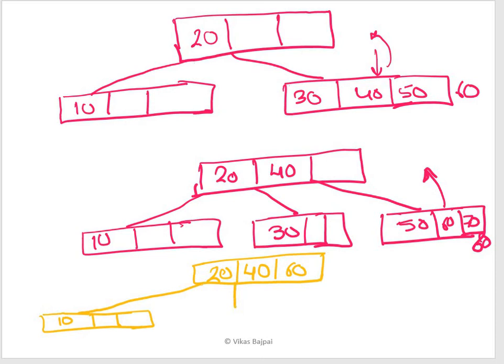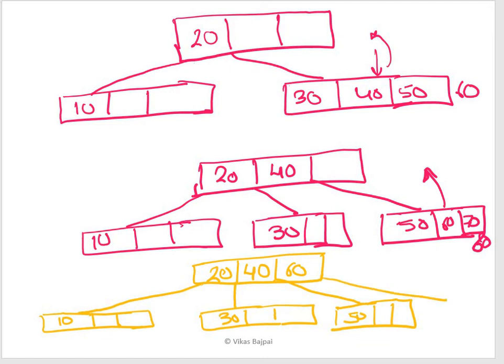From here it would be 30 and then this. From here what we have is 50 and then this. From here what I'm getting is 70 and 80.